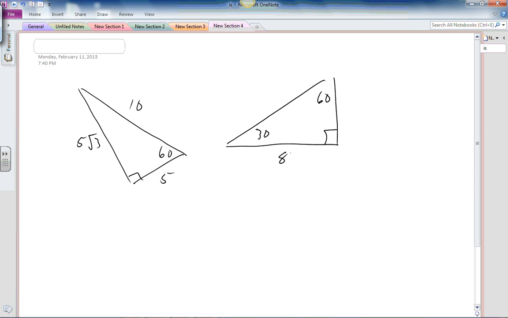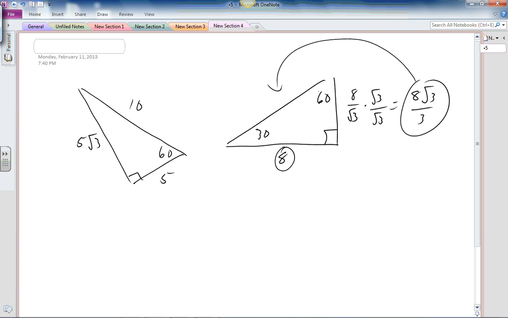So wouldn't it make sense then that if I know the long leg, I have to divide by the square root of 3 to get the short leg? Now I can't leave it like that, so I'll fix that up. And that leaves me with 8 times the square root of 3 over 3 for the short leg. And then for the hypotenuse, I simply have to double the short leg. So that's going to give me 16 square roots of 3 over 3. But I think this problem is the worst case scenario.